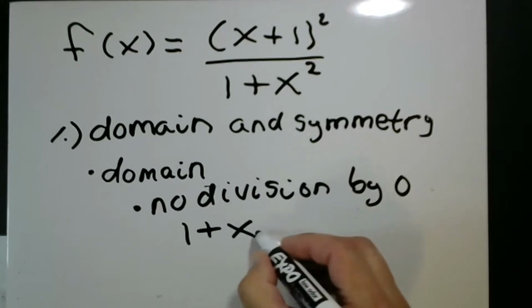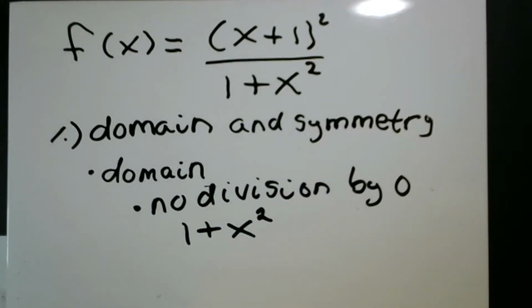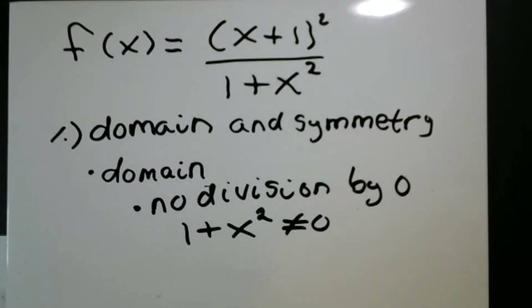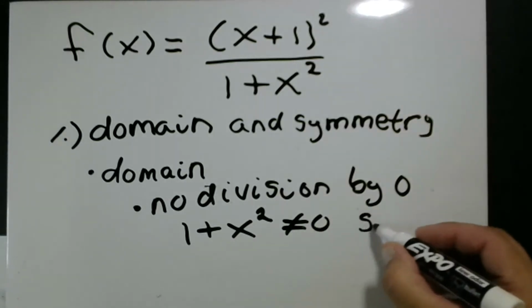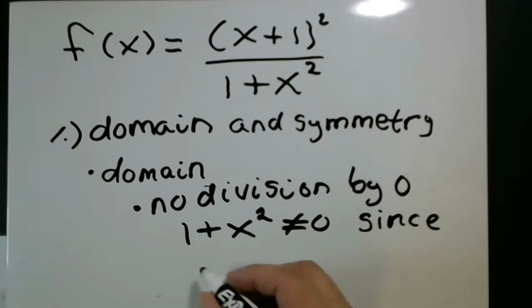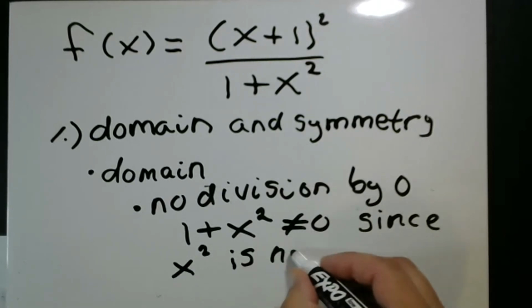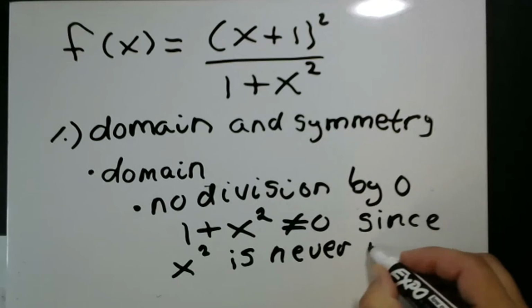Now, if we take a look at this denominator, 1 plus x squared, this can never equal 0. And the reason is x squared is never negative.